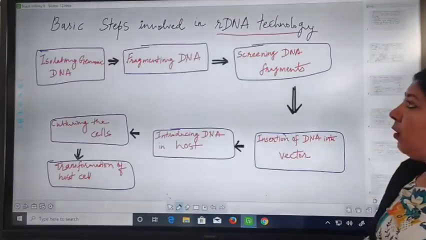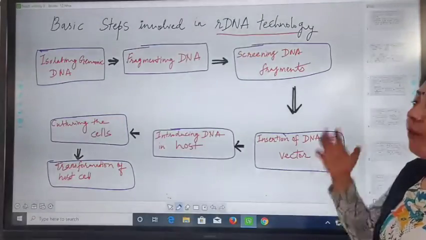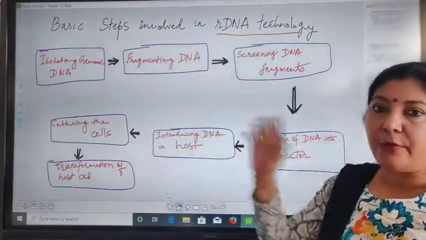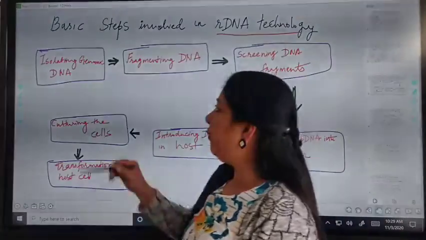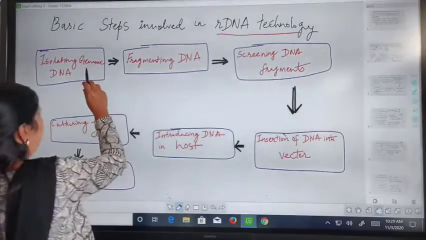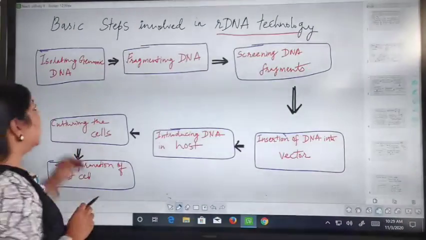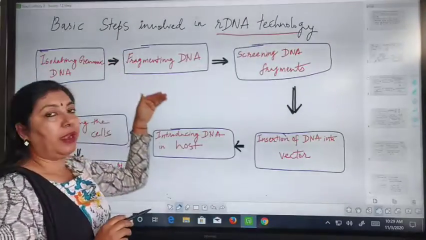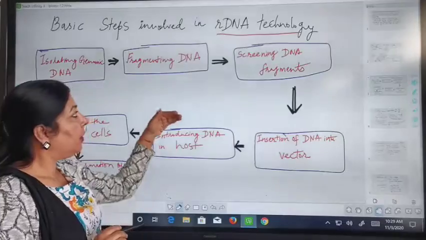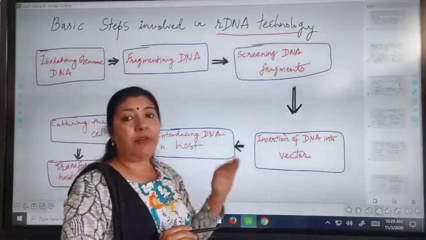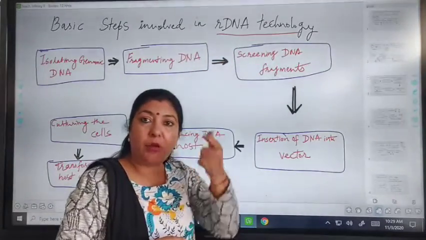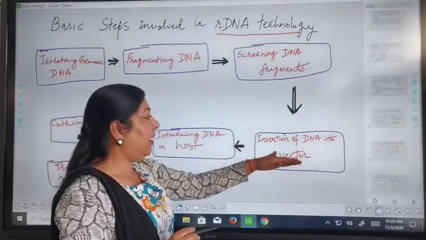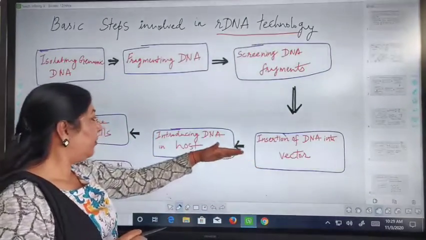Now let us study all these processes in a systematic manner. All these basic steps of rDNA technology can be shown with the help of arrows. You can see here. First is isolating genomic DNA, that is our gene of interest. Then fragmenting that DNA. Then screening of the DNA fragment, the fragment of our interest. Then insertion of this DNA into the vector.